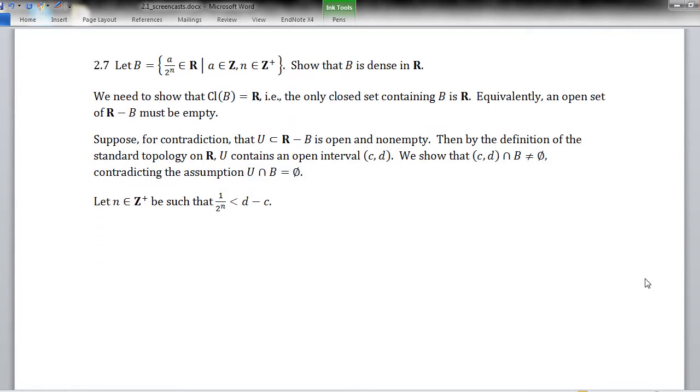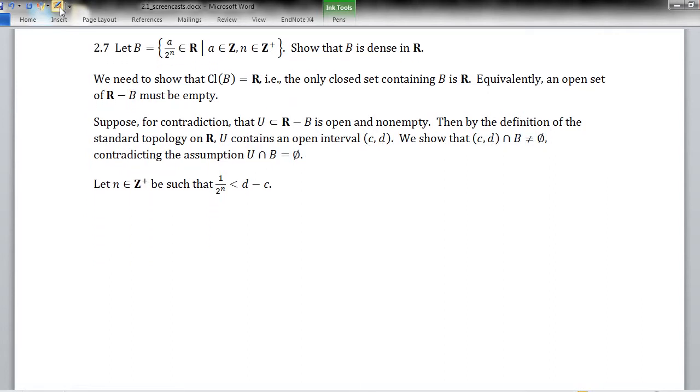And let me try and draw a picture to illustrate what we're up to here. So we have our real number line, and we have an interval from C up to D. We're trying to get 1 over 2 to the n less than the length between these, so that as multiples of 1 over 2^n march in this general direction, maybe this is one of them, and then maybe the next one is here, and the next one would be about here.